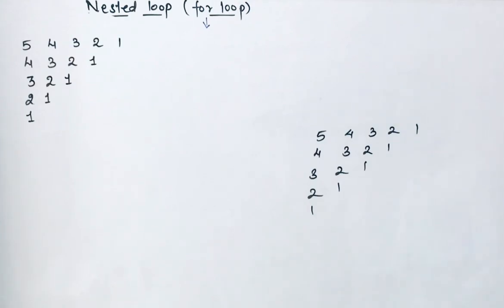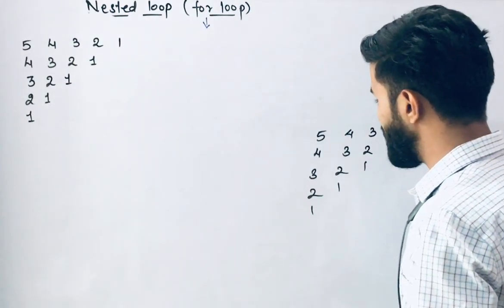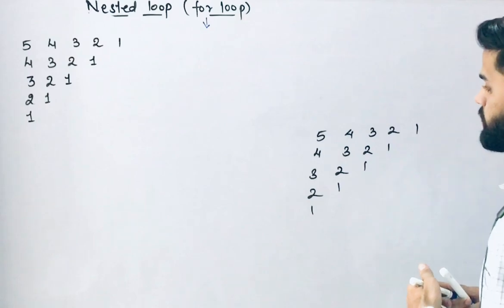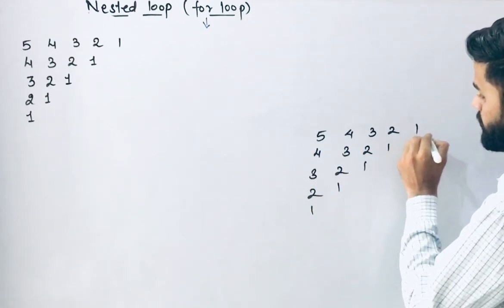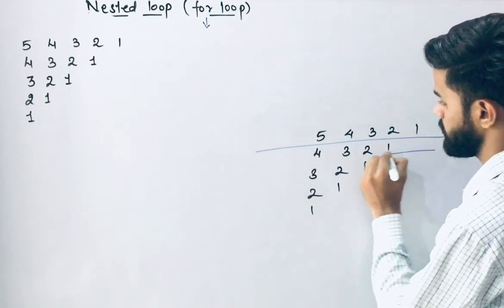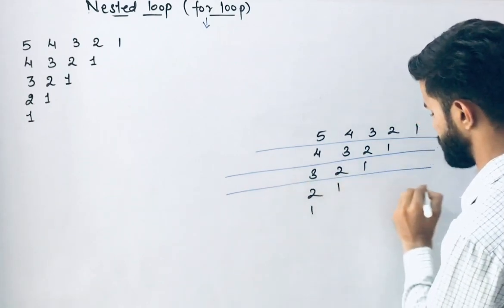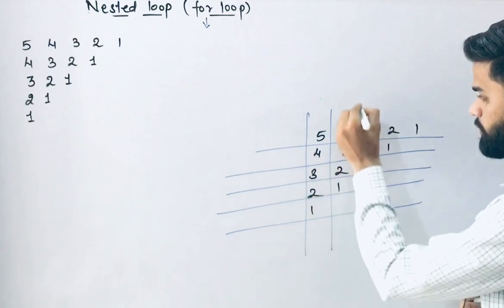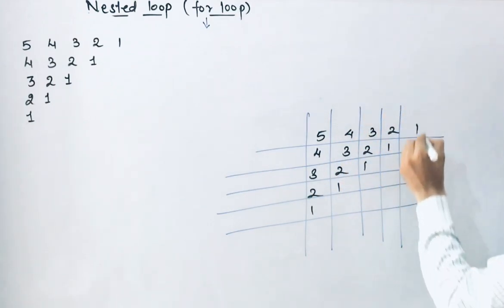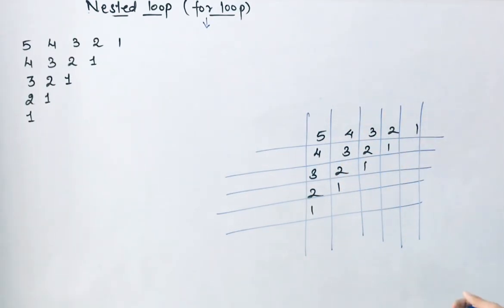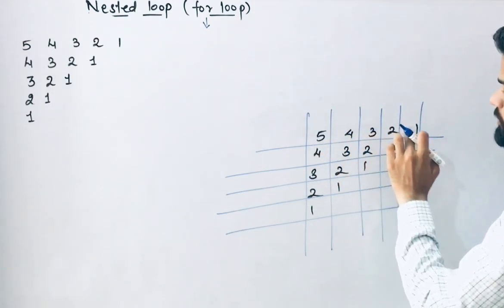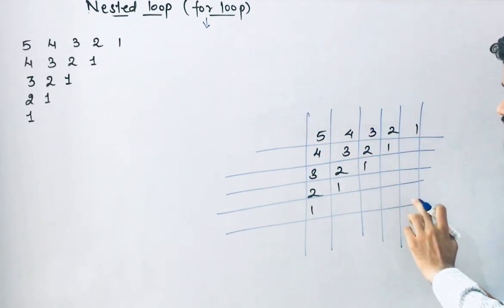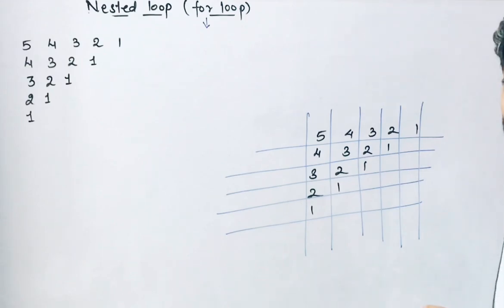So see class, to understand the logic of this pattern, first of all we draw lines in this way. Now see, 1 2 3 4 5, 10, 15, 20, 25, total 25 blocks are there, clear?